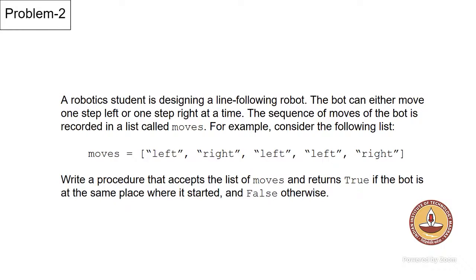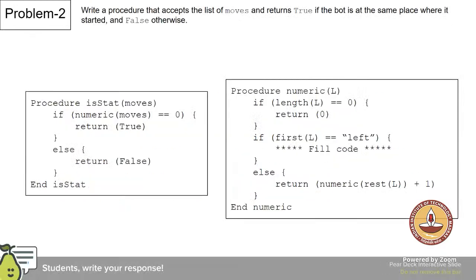So we have to return true if it is at the same place after moving all these turns. But if it has moved away from the starting place, then we have to return false. That's what our procedure should do.